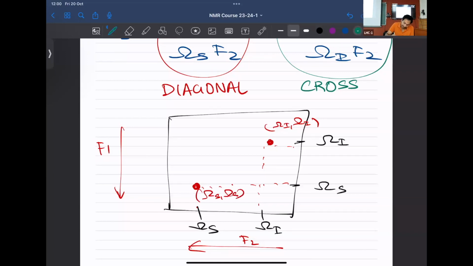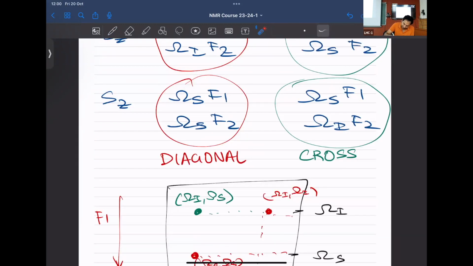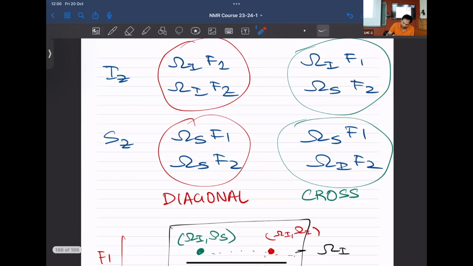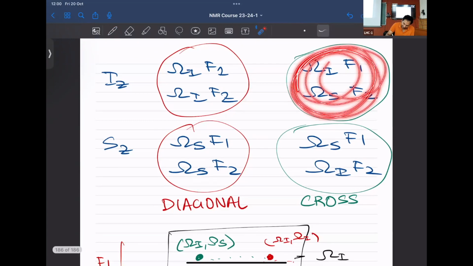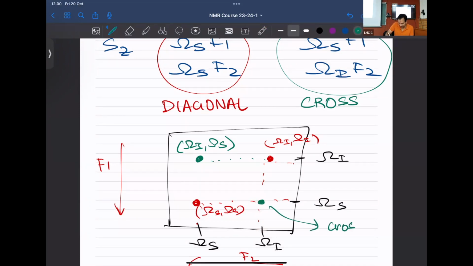On the other hand, you also have cross peaks that correlate omega I to omega S. So this one is omega I in the F1 dimension and omega S in the F2 dimension, which is what you saw here. On the other hand, this one is omega S in F1 and omega I in F2. So that's going to be a cross peak here. So these are called cross peaks, while the red ones are called diagonal peaks.